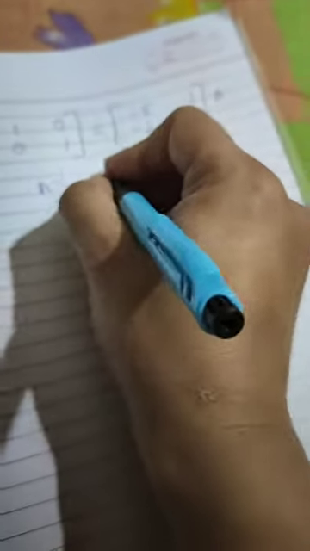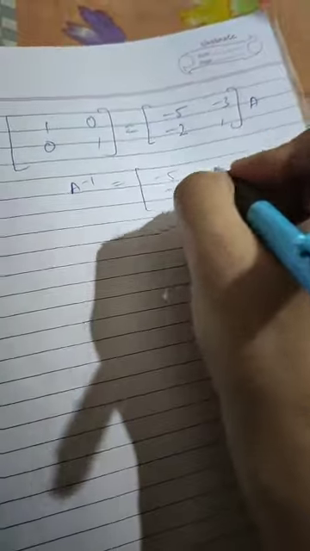Same as here, 0 minus 2 is minus 2 only, then minus 3 1 as it is, and A. Now we got the identity matrix. Now this A I will shift here, so it becomes A inverse. Our answer is minus 5 minus 2 minus 3 minus 1. So this is our final answer and our chapter is completed.